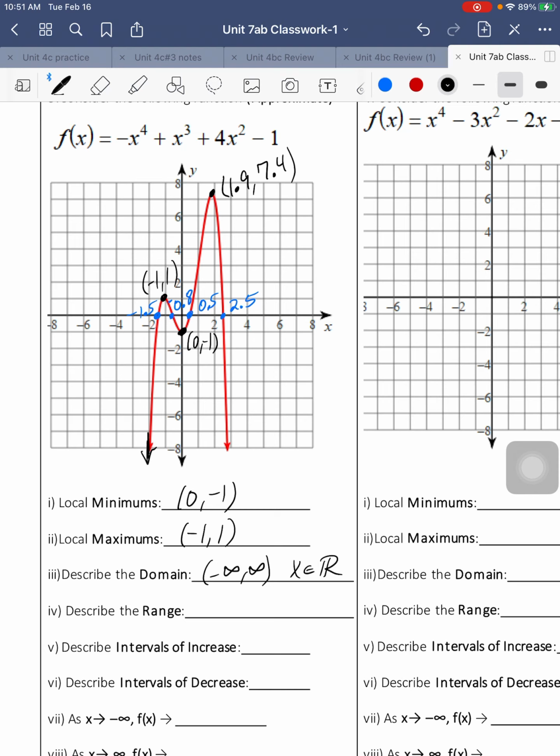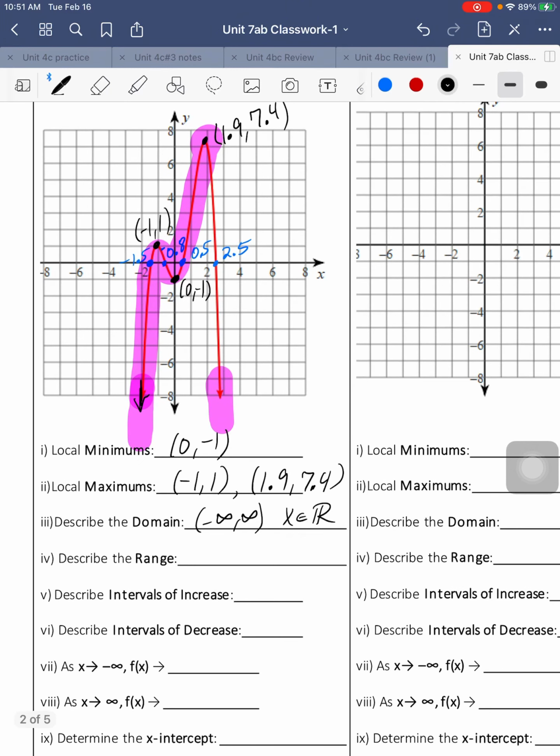Range. All right, this is a tricky one. So for range, start at the lower level. They're both low, going down forever. And as you follow it, what's the highest point? Well, the highest point is up here at this maximum. Oh, I totally missed that. That's another local maximum. My goodness. So there was another local maximum.